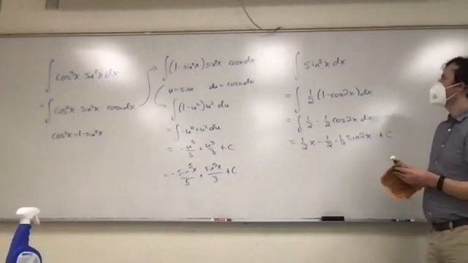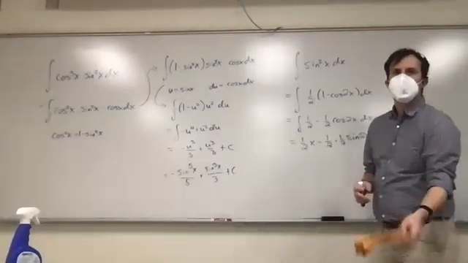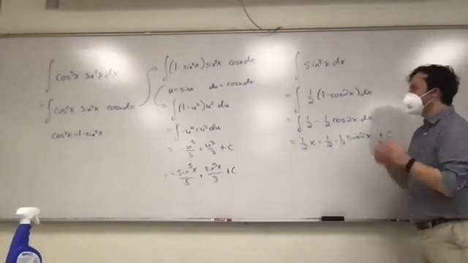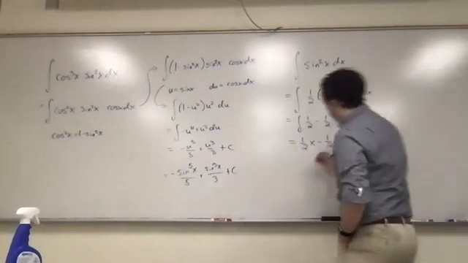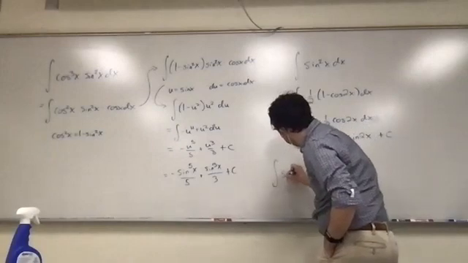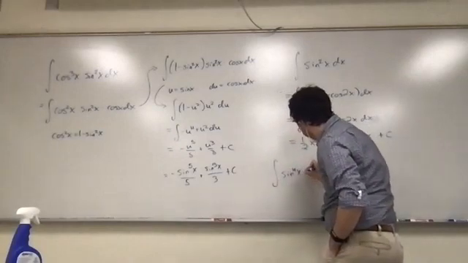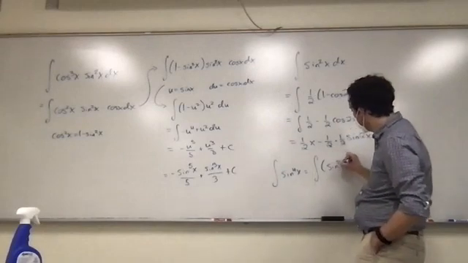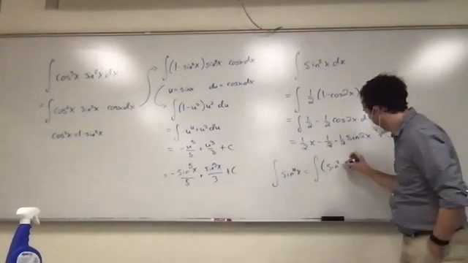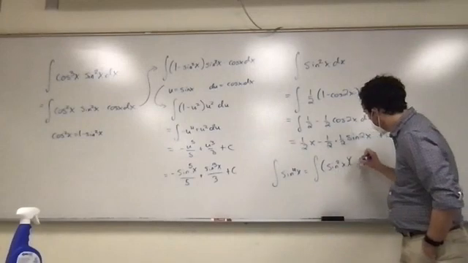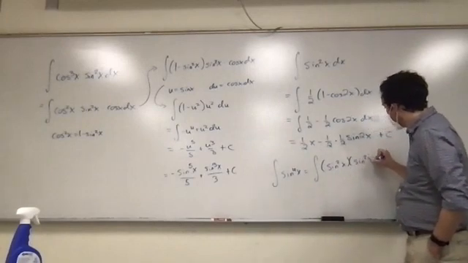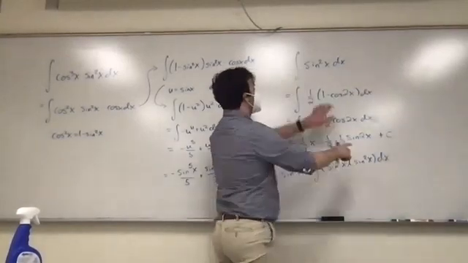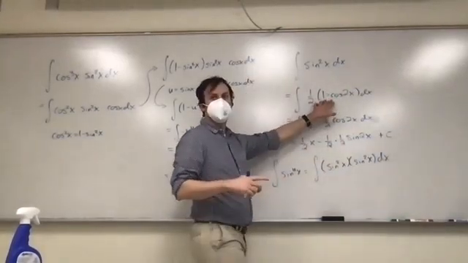Get sine to the 4th x, it would be the same thing. Right, so to start that, and we won't finish it, but if you had the integral of sine to the 4th, then you could write that as sine squared squared, and then each of these gets replaced by this one.